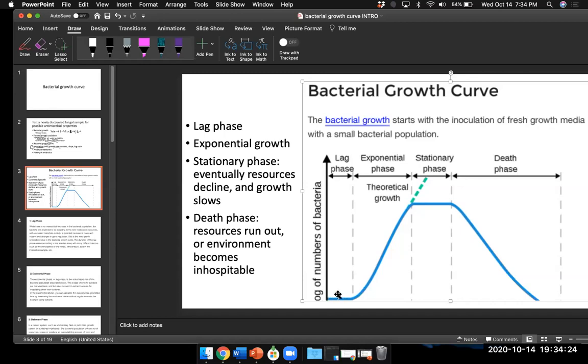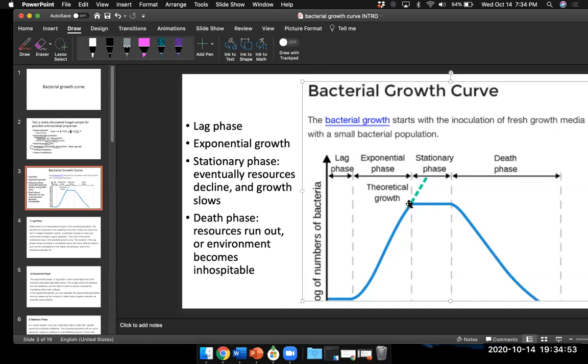And so then once that's all ready, and it begins, then they'll start just dividing very quickly at the same constant rate. And because it's at the same constant rate and each cell divides, you get a doubling effect. And so that makes it exponential growth until they start to run out of nutrients and also their waste products start to accumulate.